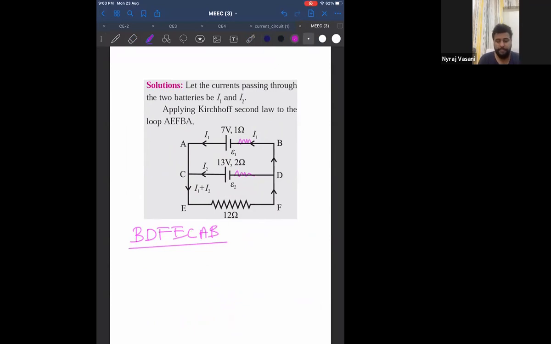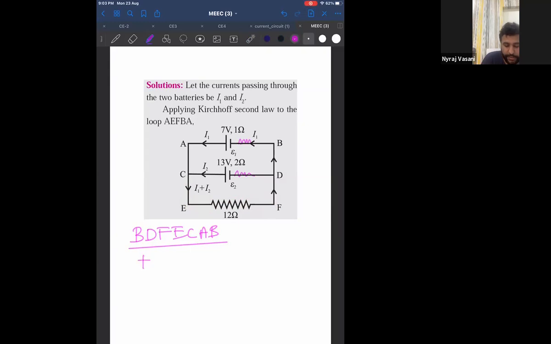Okay, we'll start. Now from B to D, nothing. From D to F, nothing. From F to E, can I say I am going against the direction of current? Because the direction of current is this way. Can I say I am going against the direction of current?